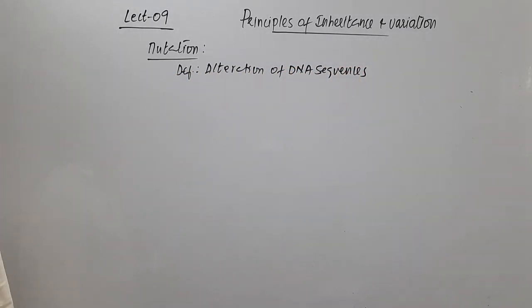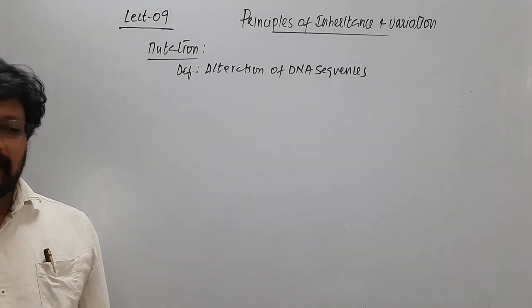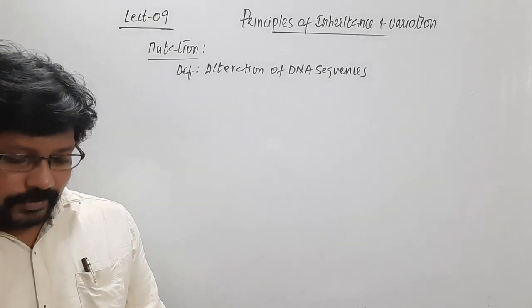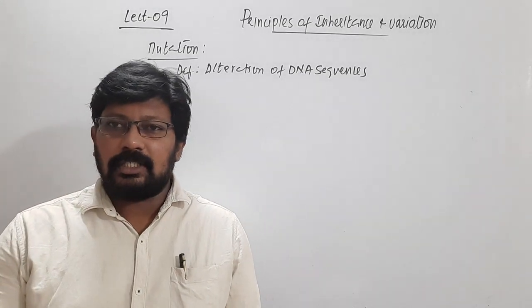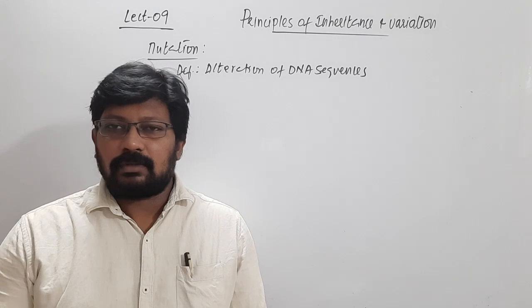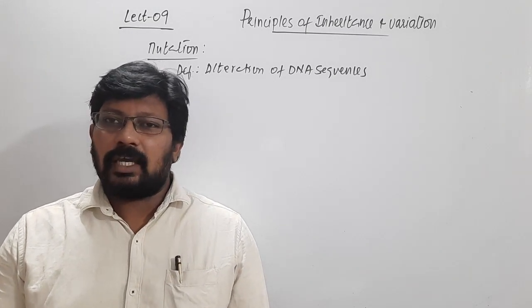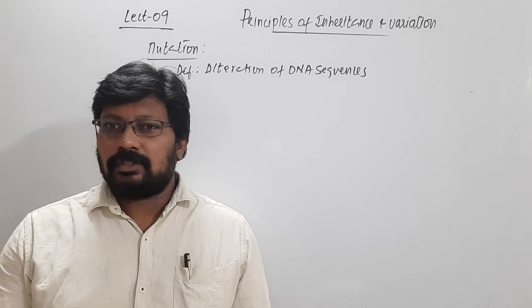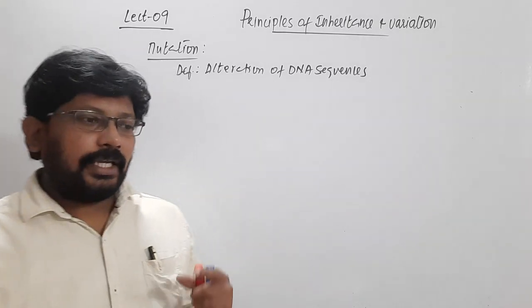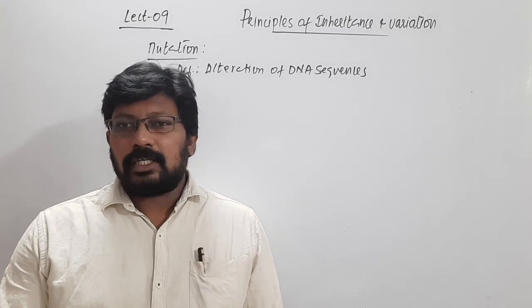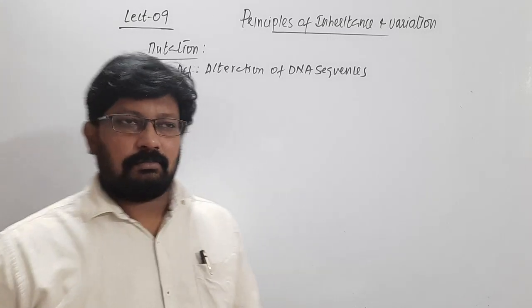If you ask me what a gene is made up of, my answer will be that it is just composed of a sequence of nitrogen bases. Each gene will have its own particular sequence of nitrogen bases.